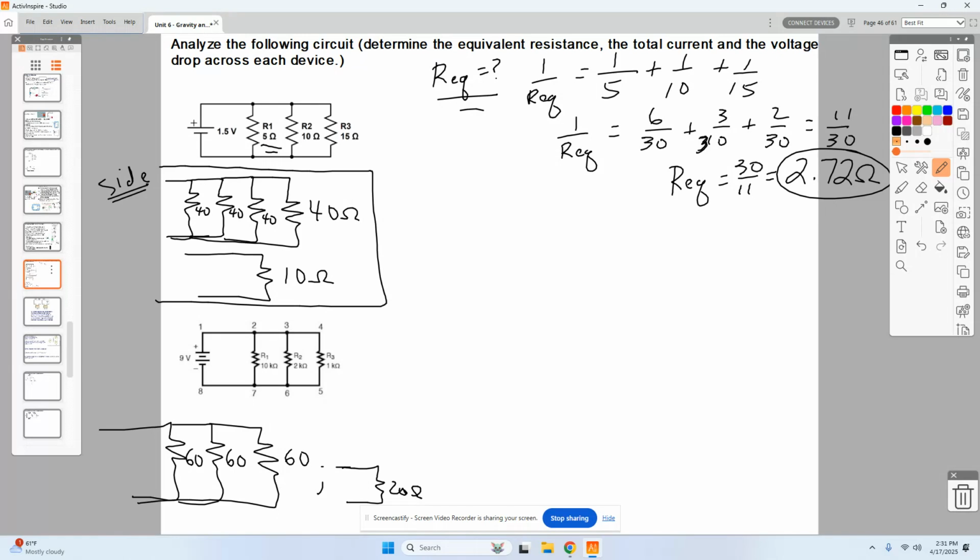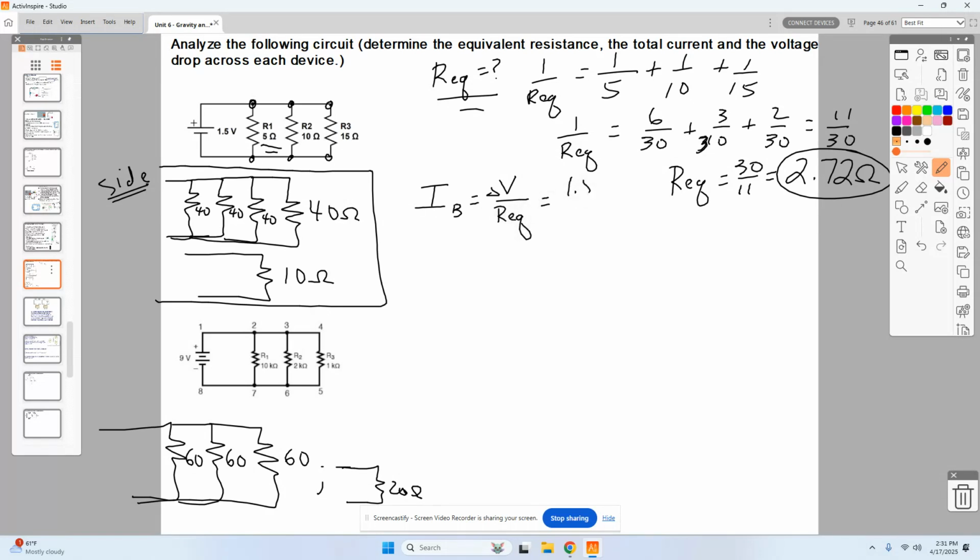Now what I'd like to do is determine the voltage drop and the current through each device. Would you guys agree all of these things have the same voltage drop? All of those things have 1.5 volts across them. They're connected directly to the battery. So delta V is exactly the same. I from the battery would be equal to delta V divided by the equivalent resistance.